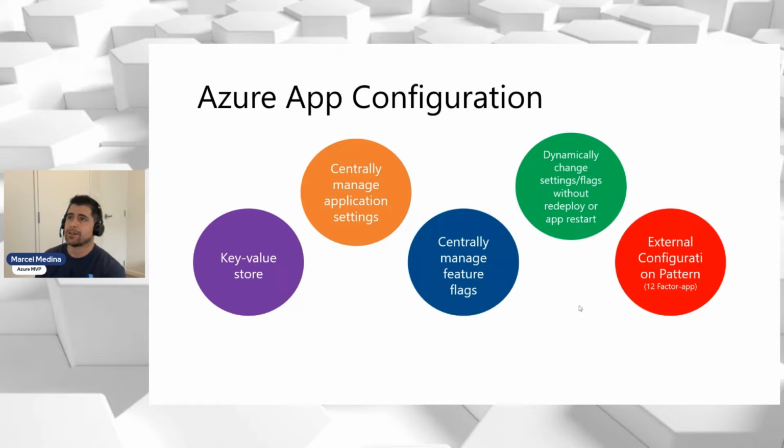What that means is that when you have this idea of a config store, where you want to centralize things all together, that's what the pattern tells us. You can leverage this service to fulfill this design pattern.